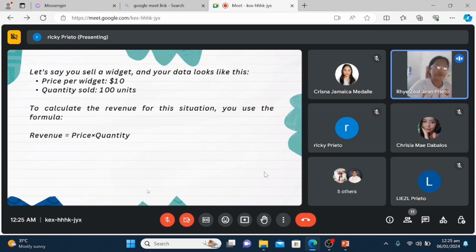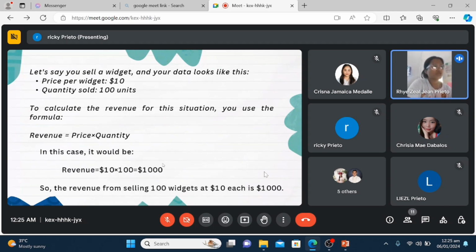So how much is the revenue? It is 10 times 100, which is 1,000. So your revenue from selling 100 widgets at $10 each is $1,000. Very good.